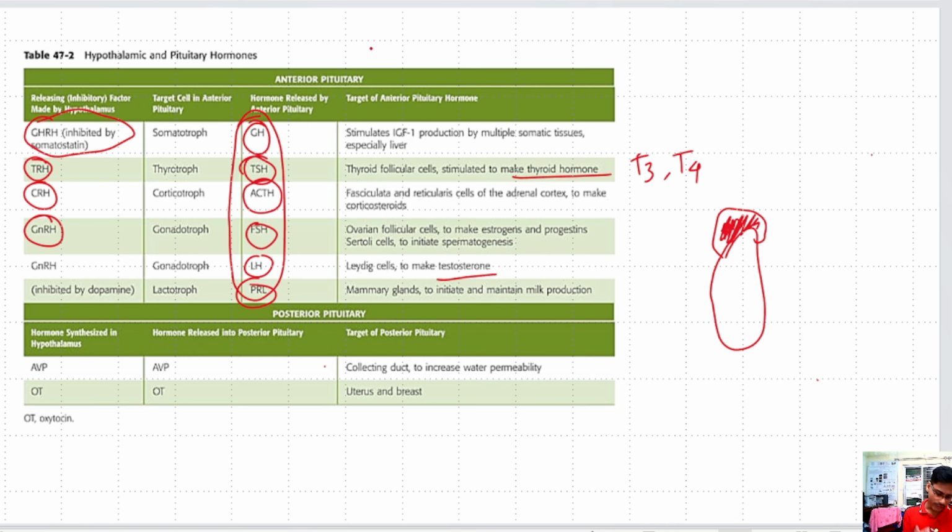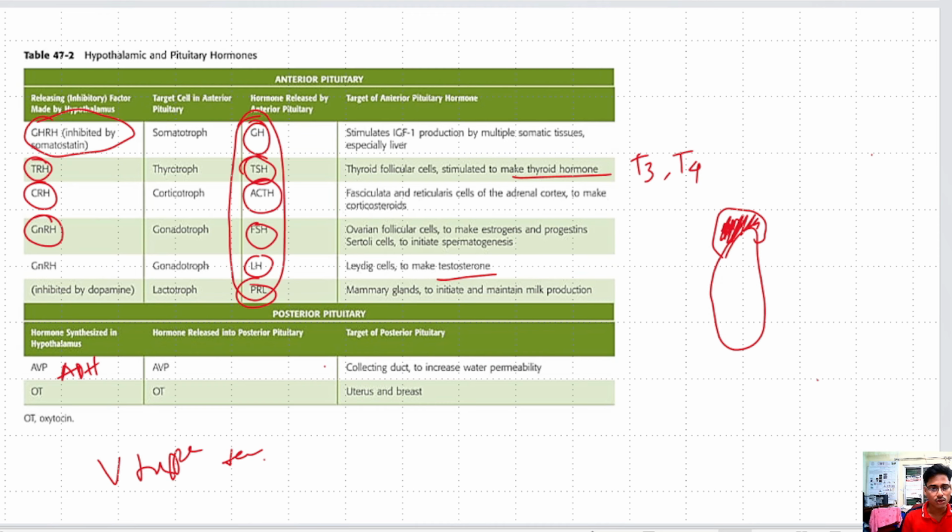Along with that, we go to the posterior pituitary. In the posterior pituitary section, there are two main hormones. One is ADH, the antidiuretic hormone, that helps with water retention in the body, and in that water retention you can see some pumps, the V type of receptors, that are responsible for water retention in the body, and they are stimulated by this hormone.